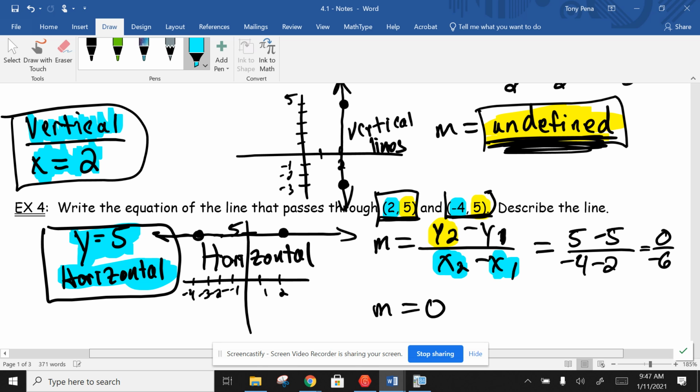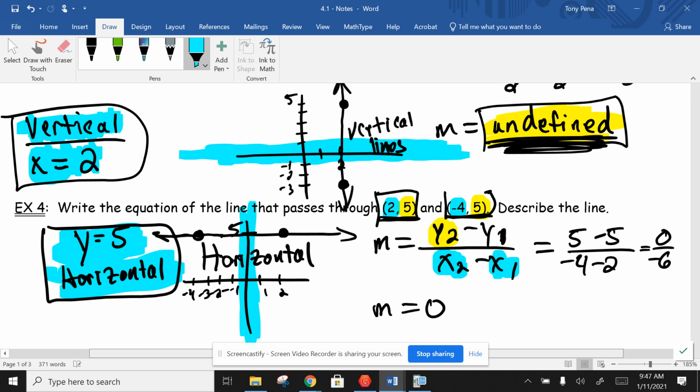It's the opposite of what you would probably think, because the x-axis is horizontal. If I highlight my x-axis right here, that's horizontal, correct? But if I have x equals a number, we actually get a vertical line. The y-axis is vertical, but if I have y equals a number, it gives me a horizontal line. So it's kind of the opposite of what your axes would lend you to think.